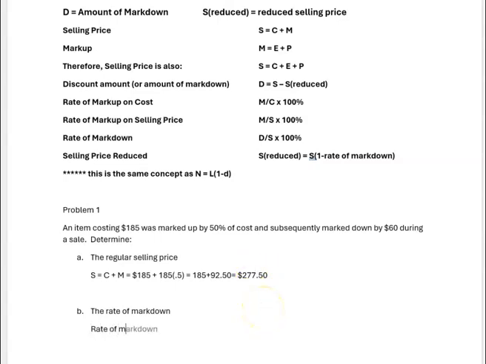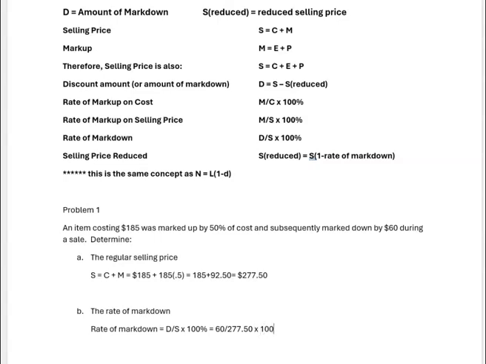So rate of markdown equals your discount amount divided by selling price, multiplied by 100%. So we know the discount amount is 60, and we divide it by our selling price, which is $277.50.